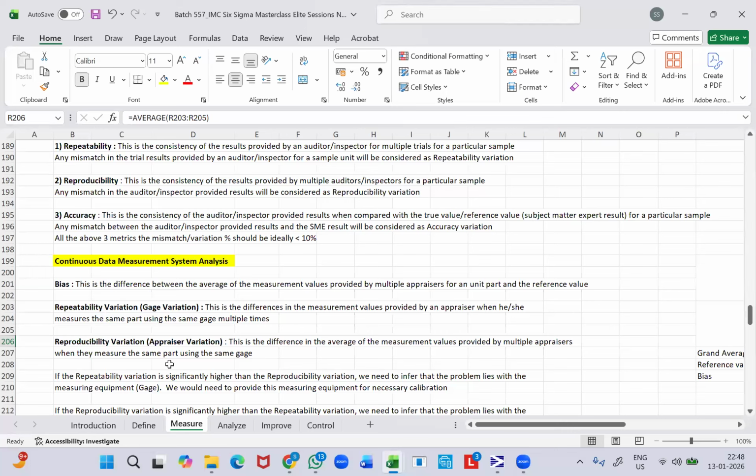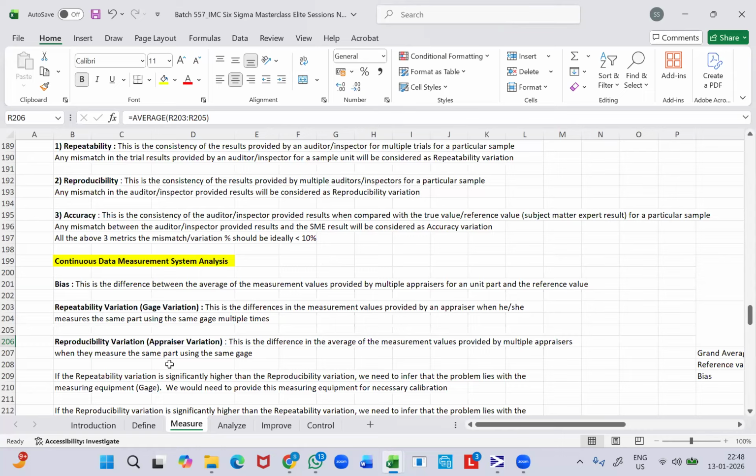But out of the two components which would form part of the measurement system as far as continuous data MSA is concerned, which component has contributed to the excessive overall gauge R&R variation is the next question. Suppose you find the repeatability variation to be in excess.